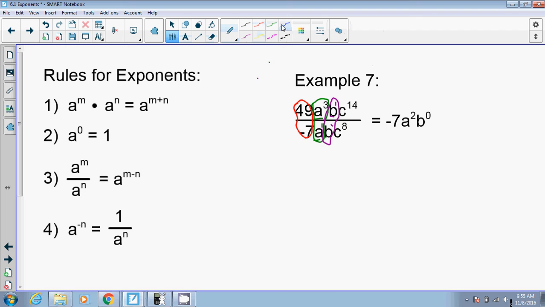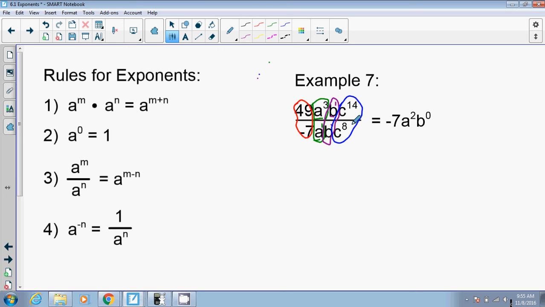And finish off combining what we can here. I have a c in the top and a c in the bottom. So I'm going to divide c to the 14th by c to the 8th. Because they have similar bases, all I'm going to do is subtract the exponents.